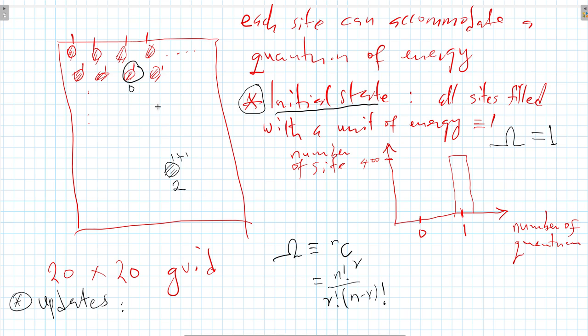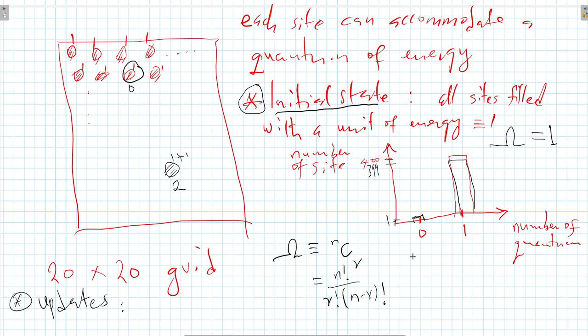In that way we can see that the histogram is going to change. It's going to become, shown in black, 399 sites having 1 quantum, and then here it's going to change: I'm going to have 1 site with 1 quantum.